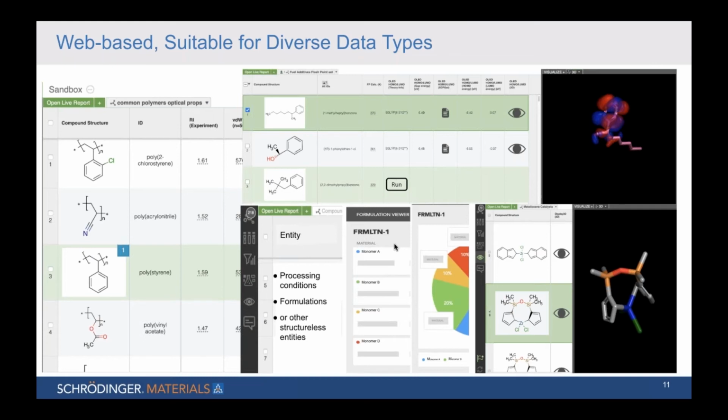LiveDesign is built to support these very diverse chemical systems, from polymers, small molecules, OLED materials, or catalysts with metal complexes, to formulations where it's a mixture of data, and even things without structure, for example, processing conditions or experimental conditions.